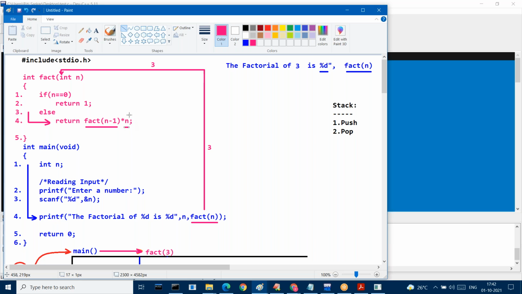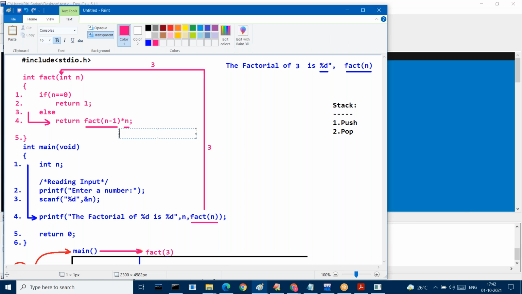Currently you have this value 3, but you don't have this value because it's a function call. So that means what, sir? This multiplication into 3, but with what? That part becomes pending now.